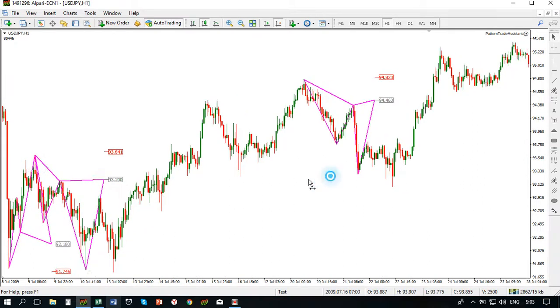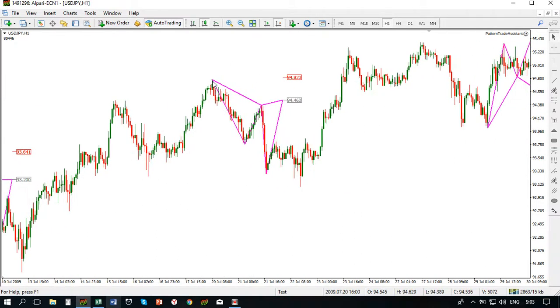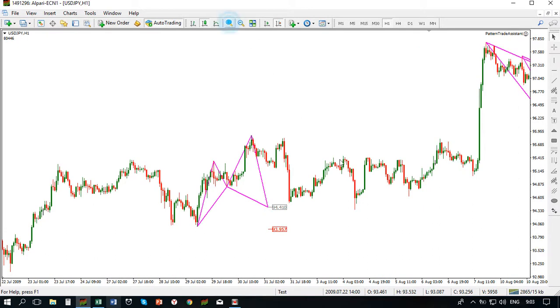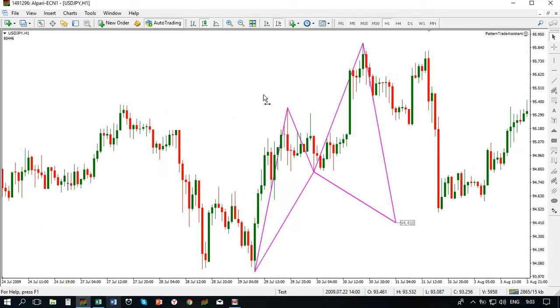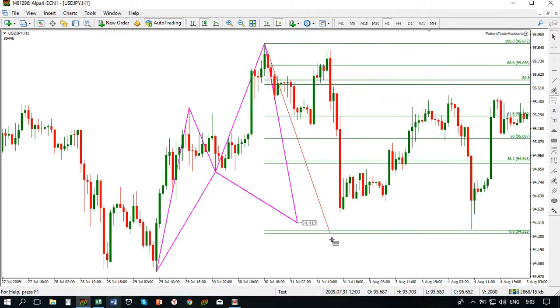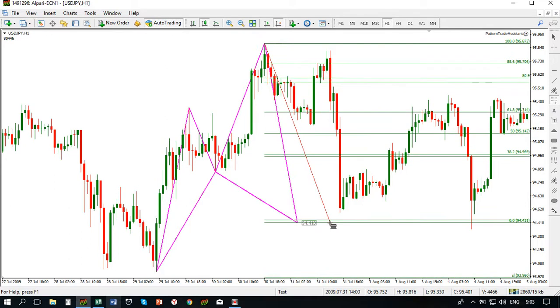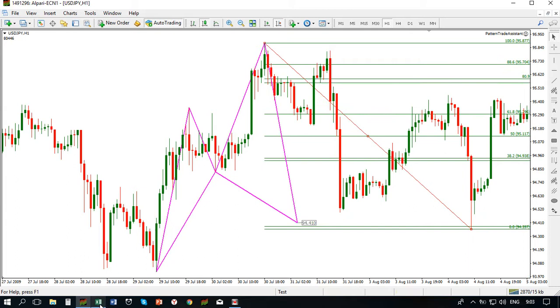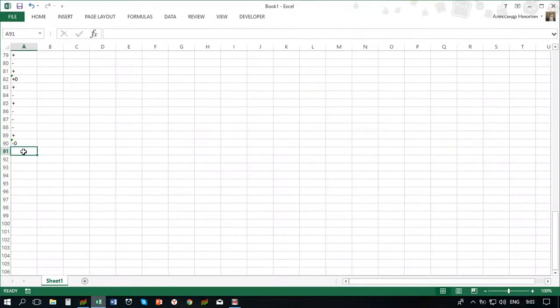The second was not valid. Need to check this one. X to A to B to C and go to D. Nothing happens, not valid. Okay, let us see if we hit offset first. You see that? Maybe hitting offset. 1.5%. No. So we just re-enter and we hit 382. When price comes back, we enter.